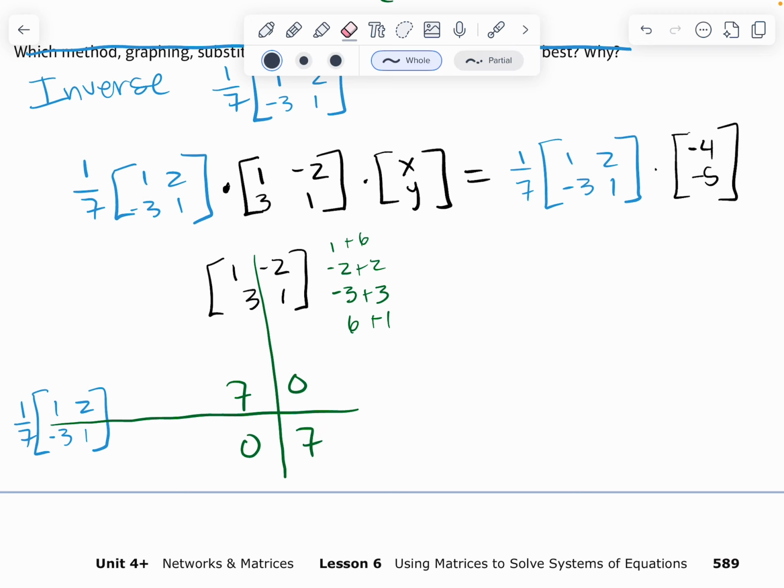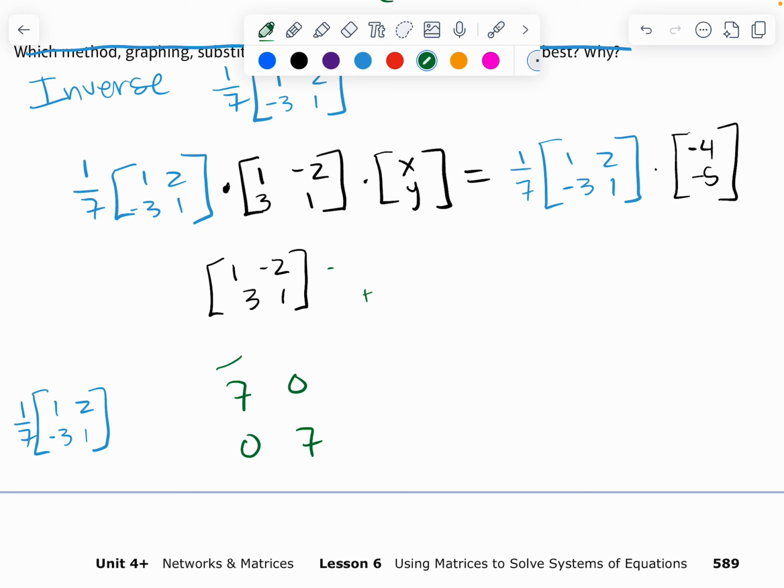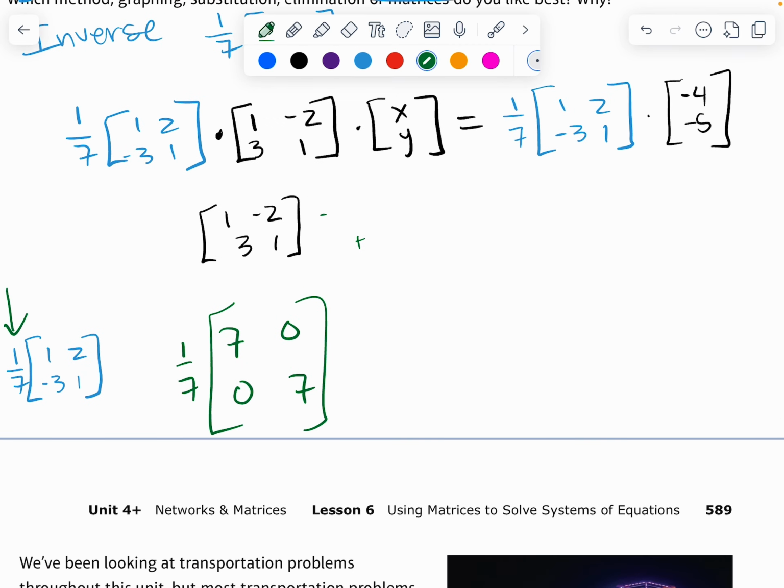Okay, so now I'm going to erase all of my extra work. There we go. Now I have to remember that I still have this scalar out here, so I have to multiply that. Look at that. Didn't I get the identity? So I'm going to write it down here. So now I have 1, 0, 0, 1.